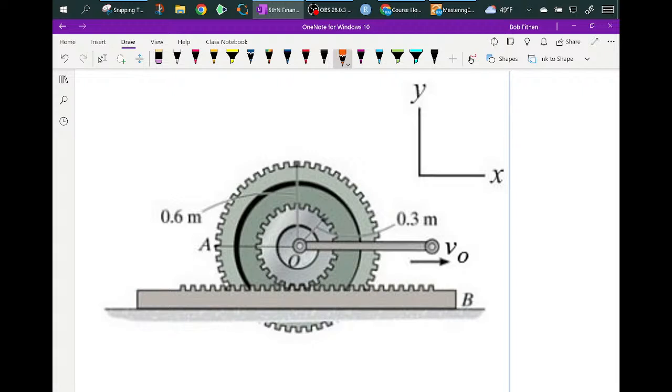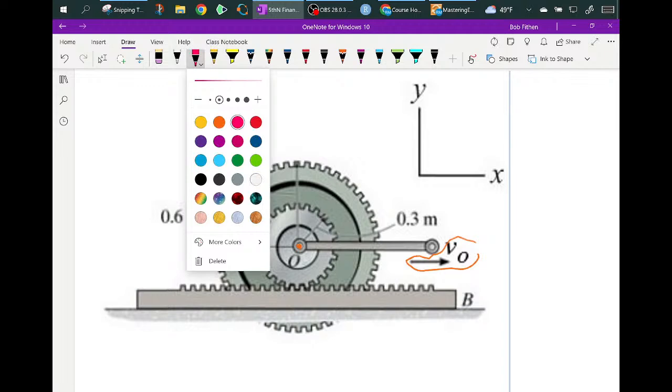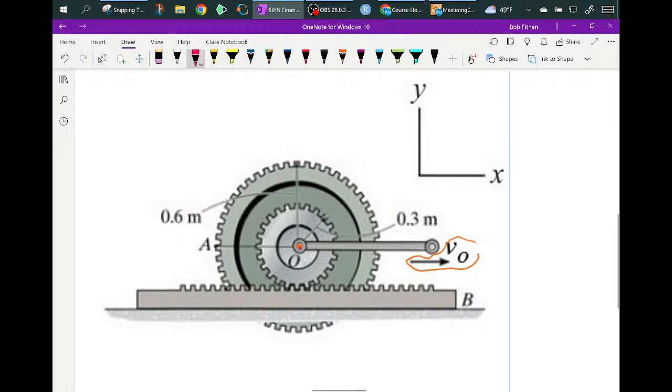Let's say this velocity, he's obviously drawn it right here, but I'm going to draw it in the center right here, and I'm going to say this is the velocity magnitude. Let's say we did it to scale, so this is the velocity here.